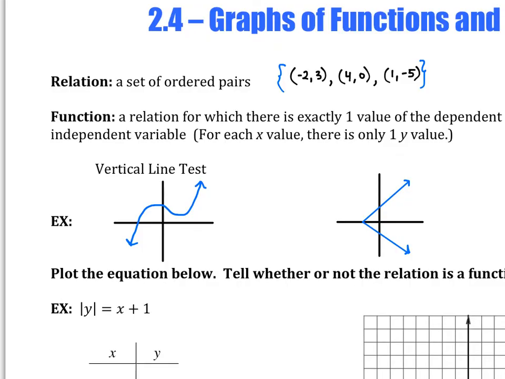Okay, so how do we determine if, when looking at a graph, it's a function or simply just a relation? Well, there is something called the vertical line test. So imagine holding your pencil vertically. I'm going to try my best with this laser. Okay, so hold your pencil in this vertical line.